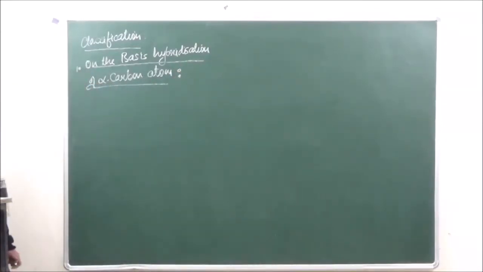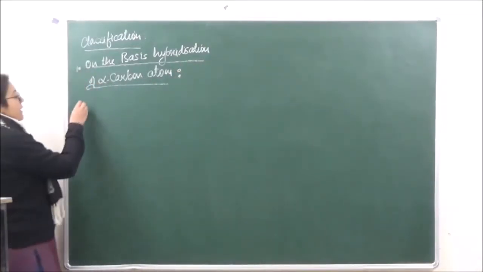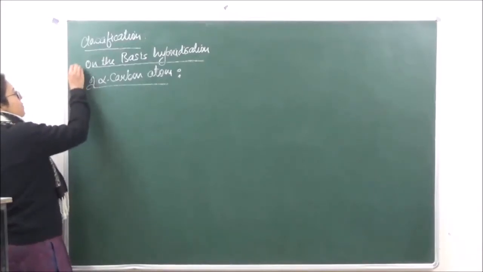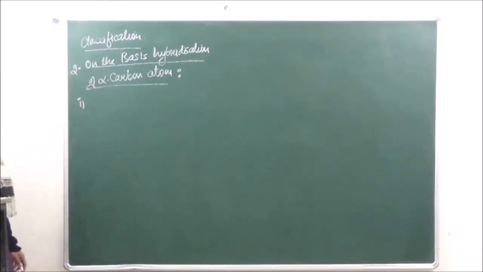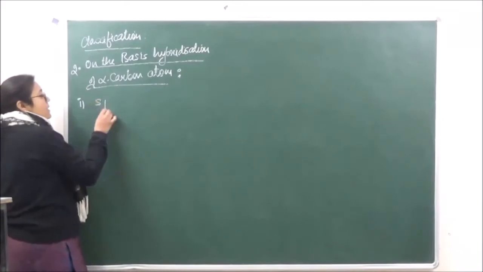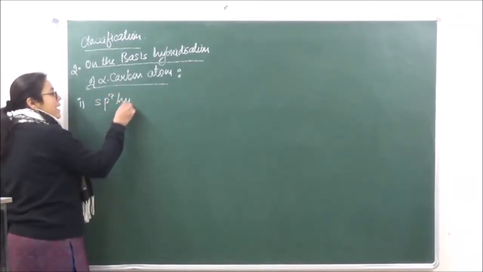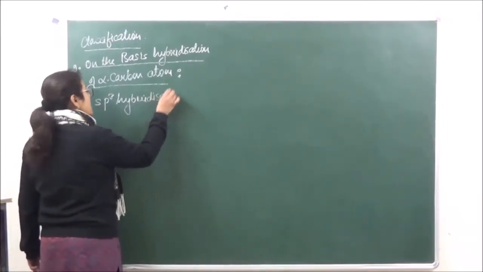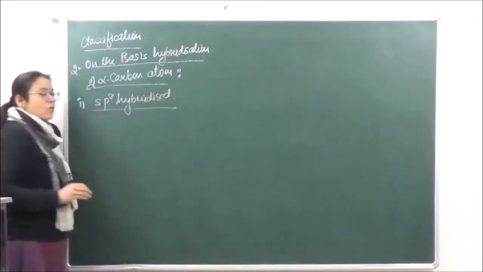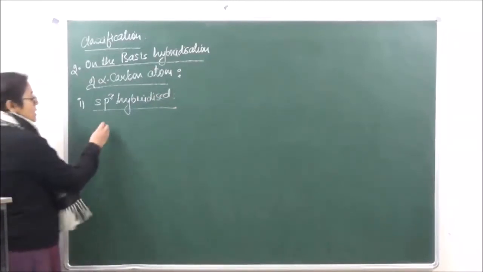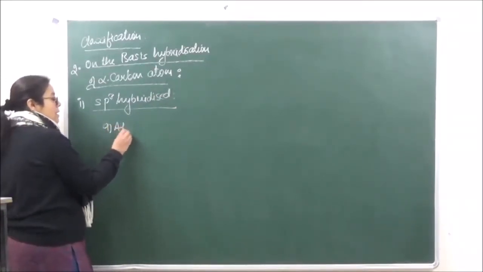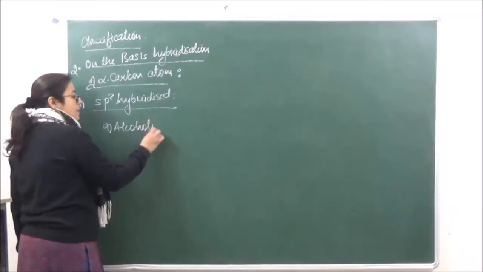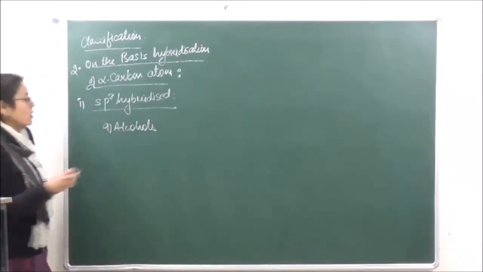So on the basis of the alpha carbon atom, we are going to classify into 2. Number 1, if the alpha carbon atom is sp3 hybridized, in this case we are going to get the normal alcohols.